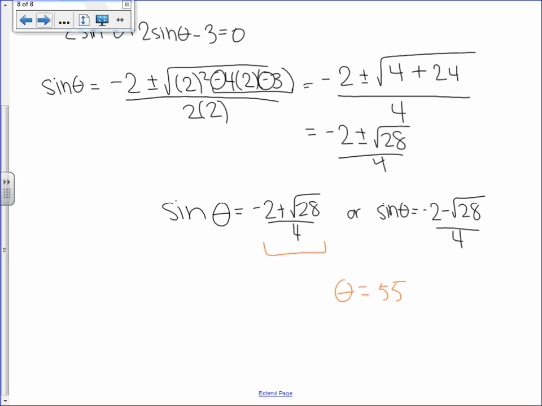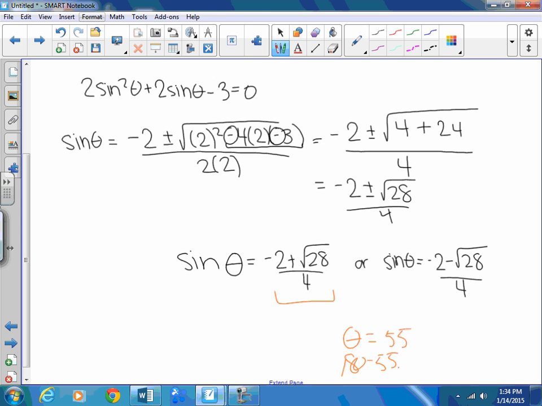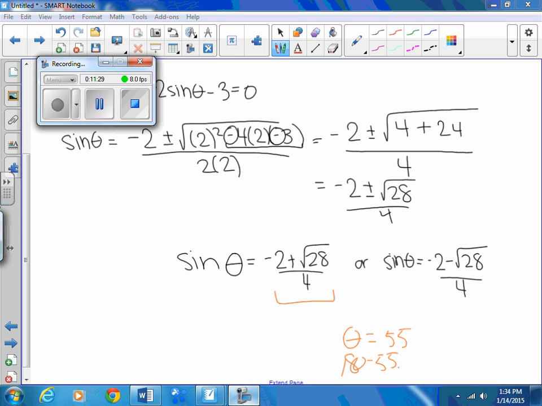And that's just our quadrant 1 answer. We can also do our quadrant 2 answer, which would be 180 minus 55. It's a horrible 180. So always have to do every possible answer. But again, we're just substituting in to get this in terms of the one trig value, and then we can go ahead and solve it like we always would.